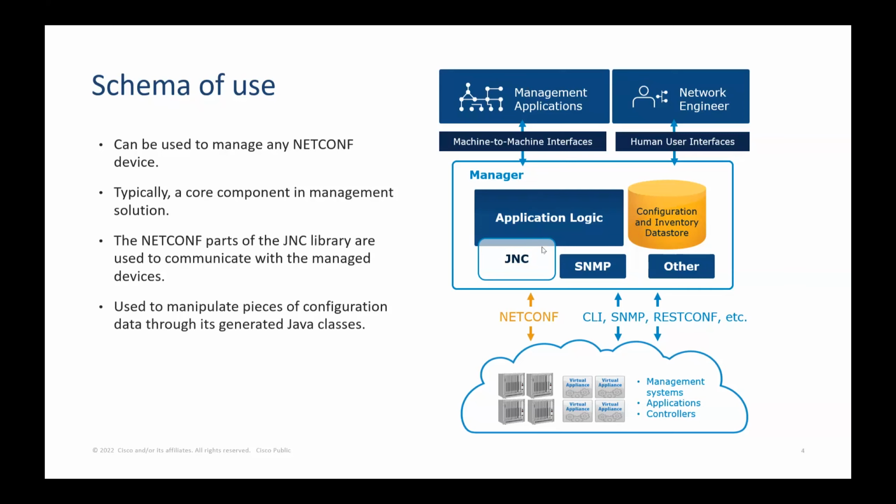JNC in this case fits somewhere in the middle, so it allows you to create more robust applications or integrate the southbound and northbound actors, and it does this using the NETCONF component, which is a recommended and better alternative for automation needs compared to legacy CLIs, the SNMP protocol, and similar.